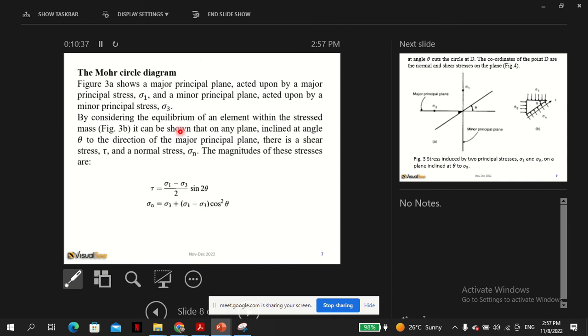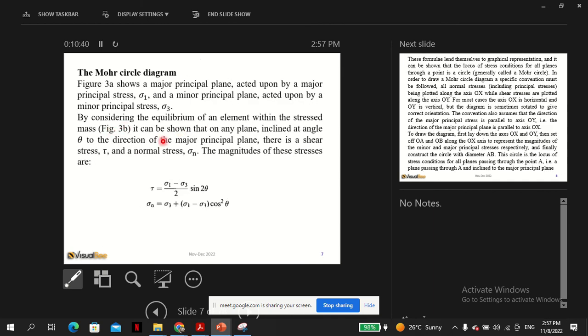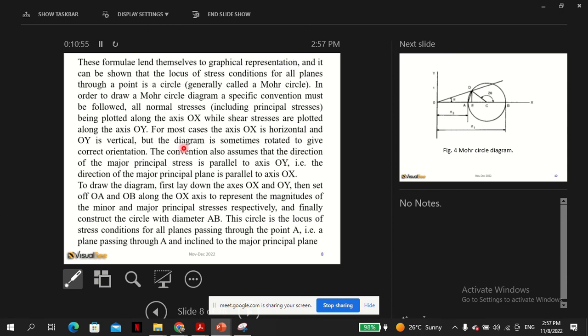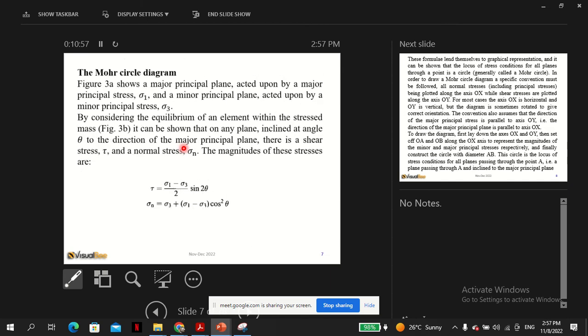By considering the equilibrium of an element with the stress mass, as in Figure 3B, if we take an elemental area, it can be shown that on any plane inclined at an angle theta to the direction of the major principal plane, there is shear stress and normal stress.